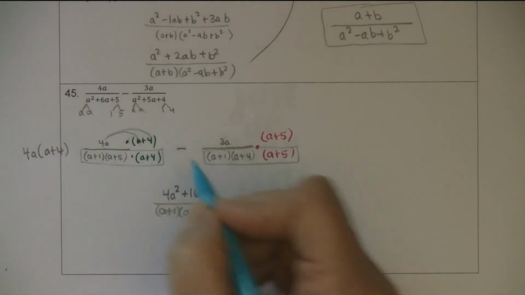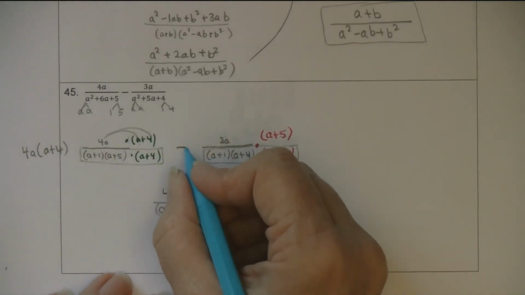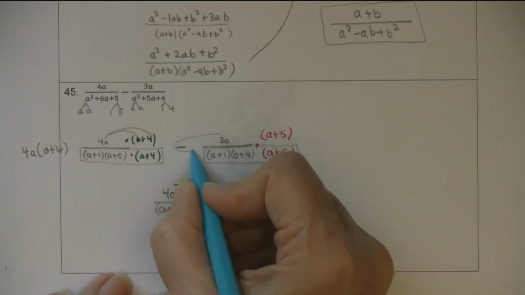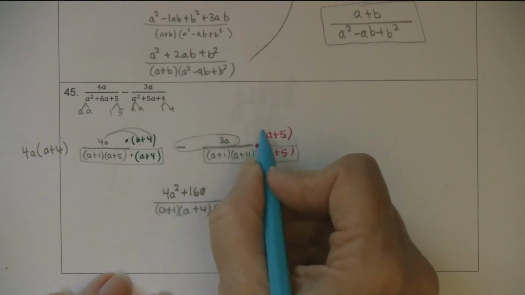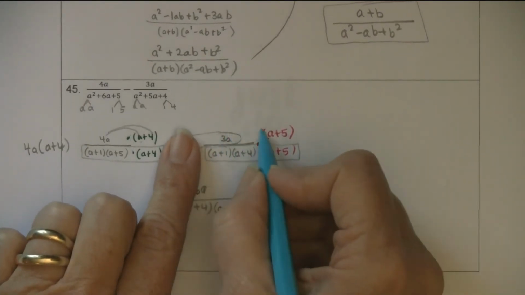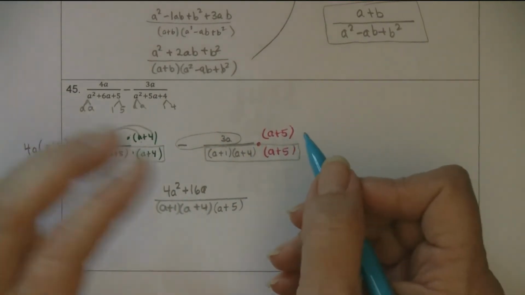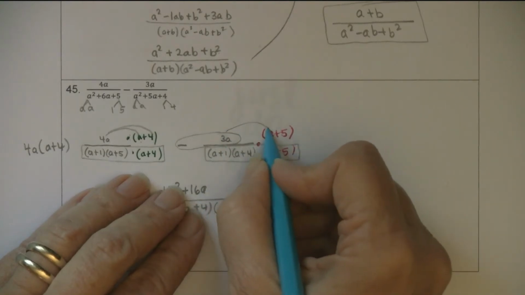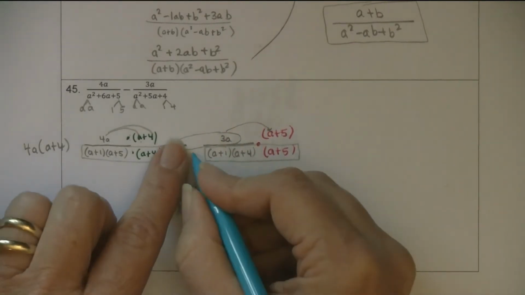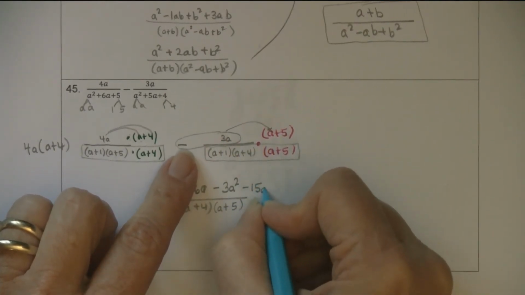So I distributed that. And then minus, now this minus right here, I want to say to myself that it goes right here with the 3a so that I can distribute the negative. My choice would be to hold it, distribute, and then distribute the negative, but I'll do it at the same time. So I'll get the same answer, minus 3a squared, and then minus 3a times positive 5 is negative 15a.